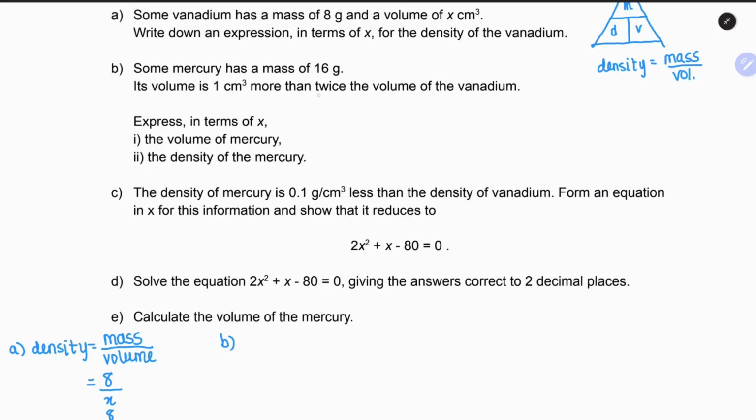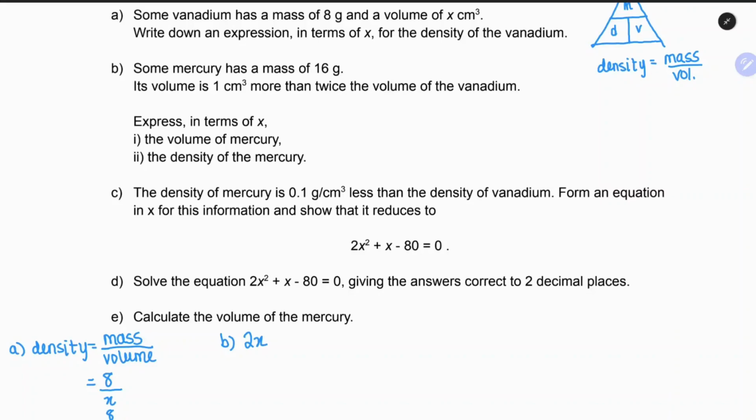And let's begin with this part. Twice the volume of vanadium would be 2x, right? Because that's 2 times the volume of the vanadium. So that's 2 times x. So that's why we have 2x.